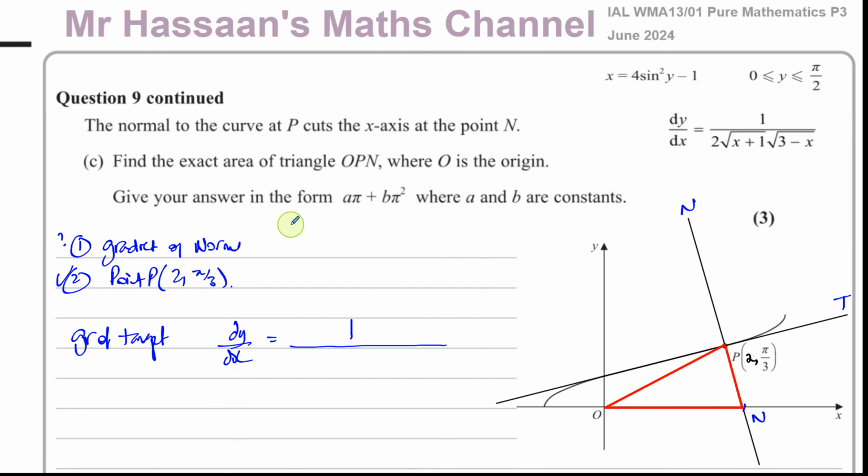Error carried forward is when, for example, you get an answer wrong in part B and you have to use that answer in part C. If there is error carried forward in that question, then they won't take off the marks for your answer in part C if it says ECF. But in most cases, they would take off the answer mark, but not the method marks. So if you get something wrong in one part and you use that wrong answer correctly in the next part, you get the method marks.